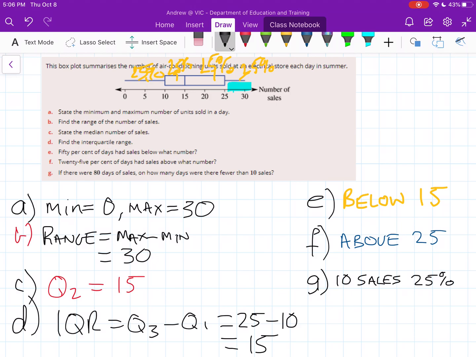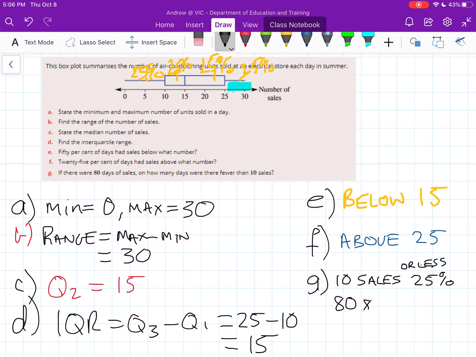If there were 80 days of sales, we would expect to see 25% of the time there would be 10 sales or less. So we just need to do 80 by 25%, which is 0.25.